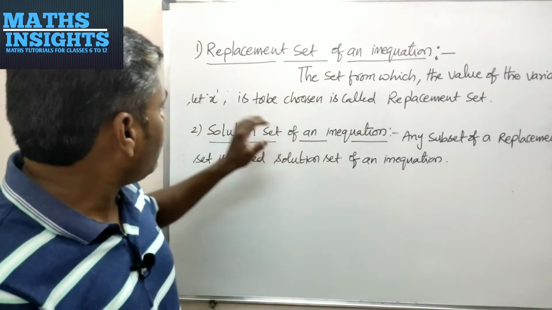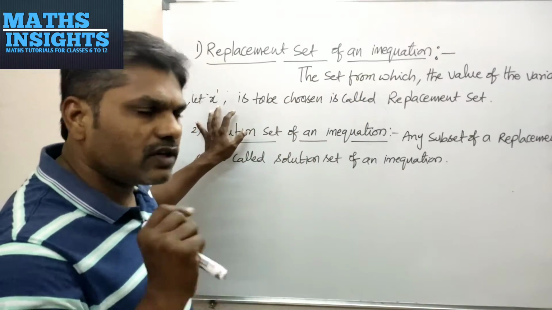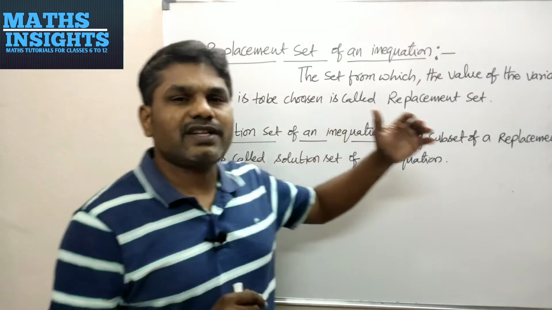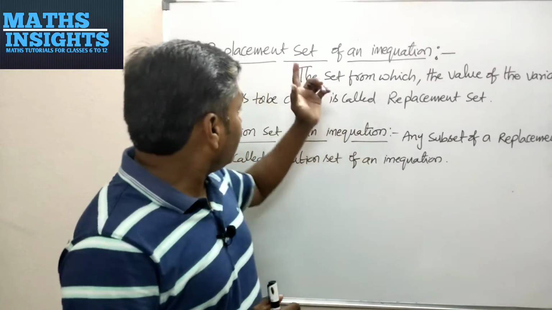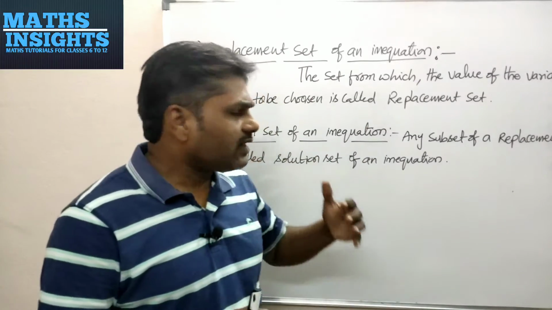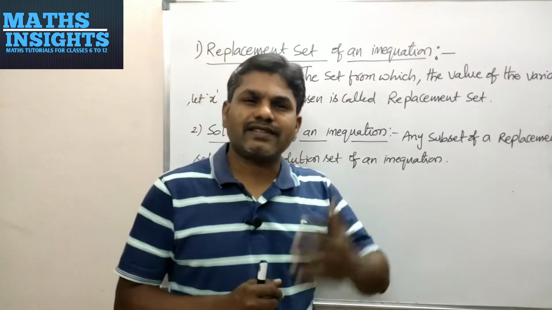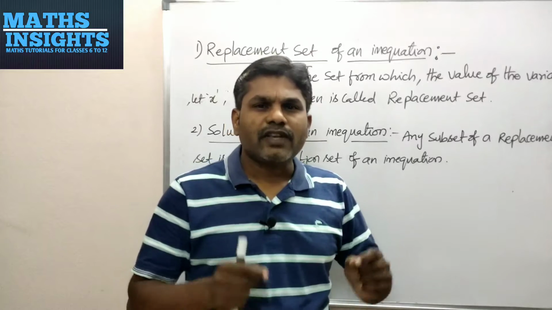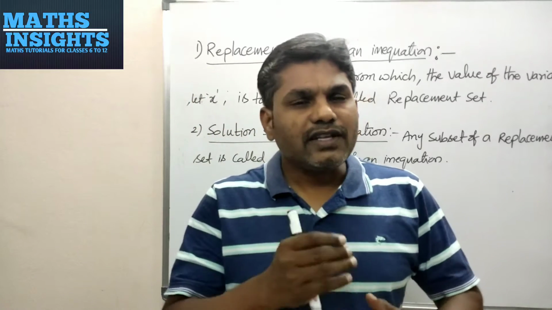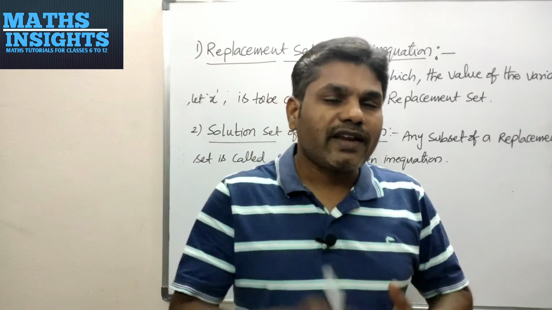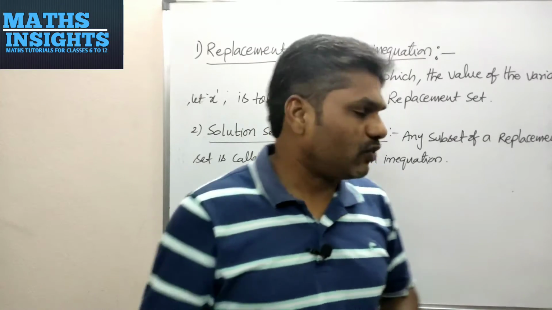The value of the variable whatever you are choosing is to be taken. That set is called the replacement set. And the solution set is the set of an inequation which is the subset of the replacement set. These two will be very clear when you take an example.